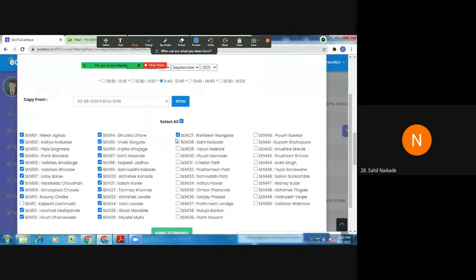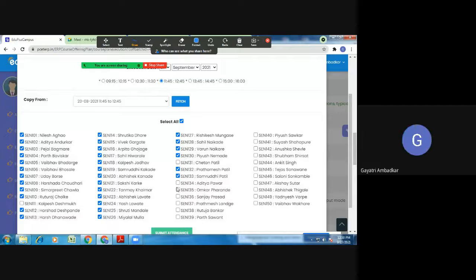Varun Naikade, Present, ma'am. Piyush Naimade, Present, ma'am. Chetan Patel, Prathamesh Patel, Present, ma'am. Samruddhi Patel. Aditya Pawar, Present, ma'am. Omkar Parande, Present, ma'am.